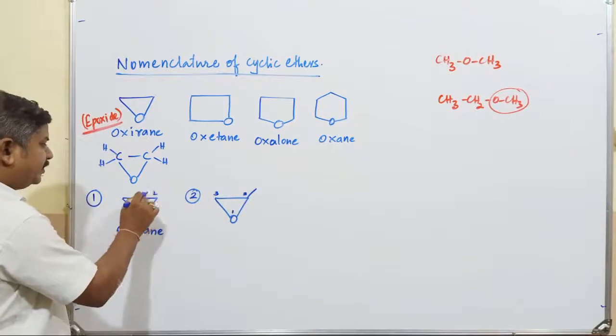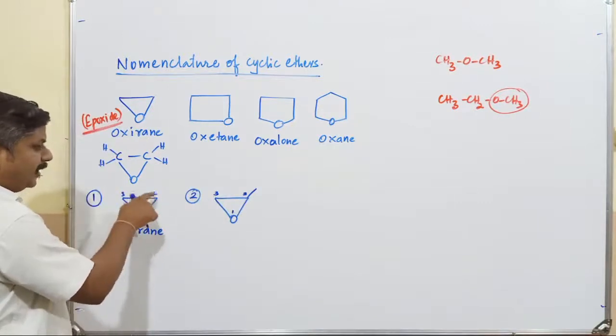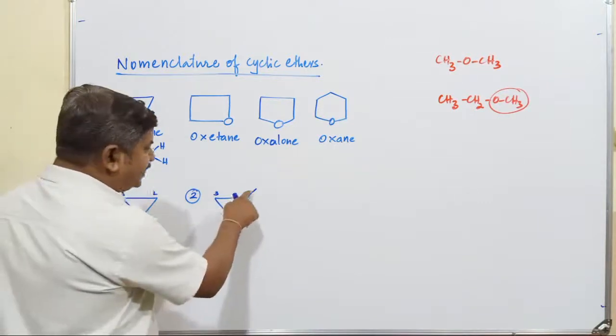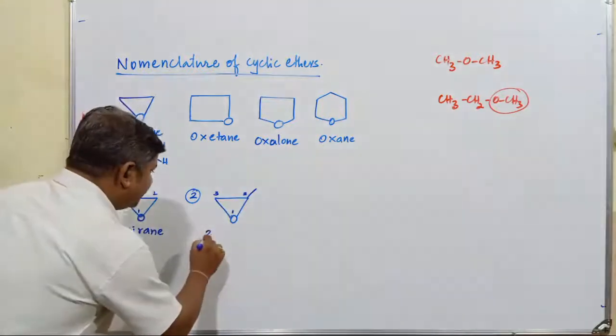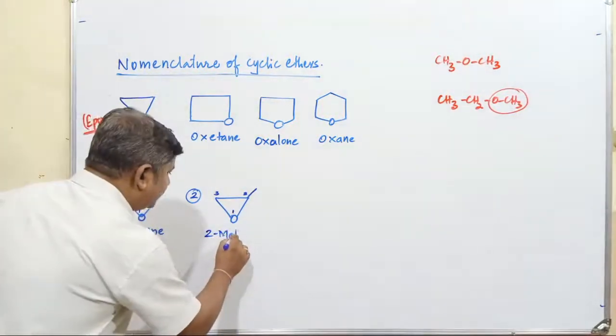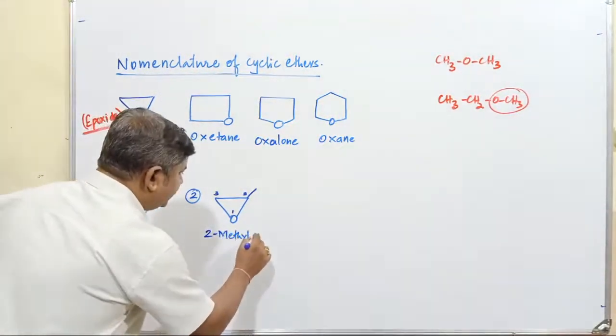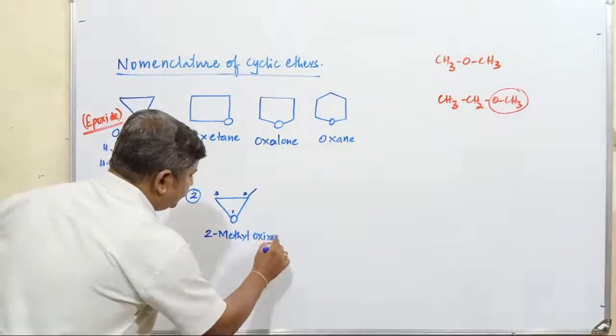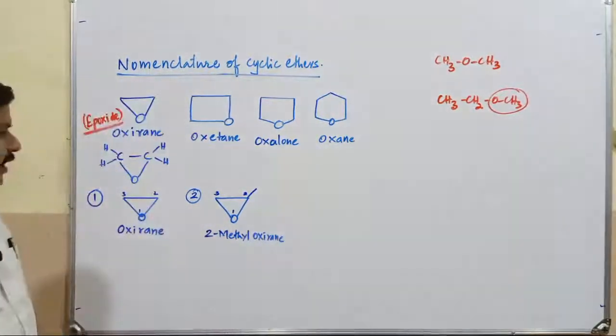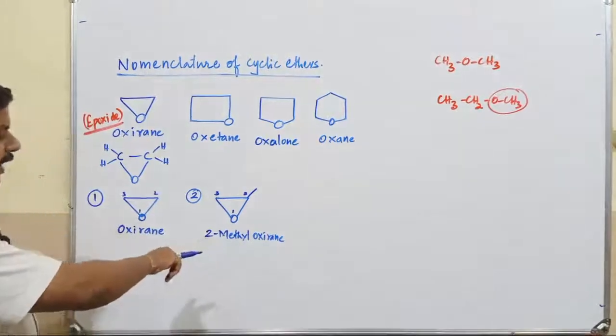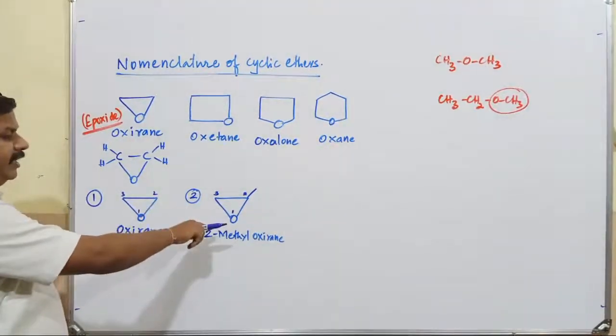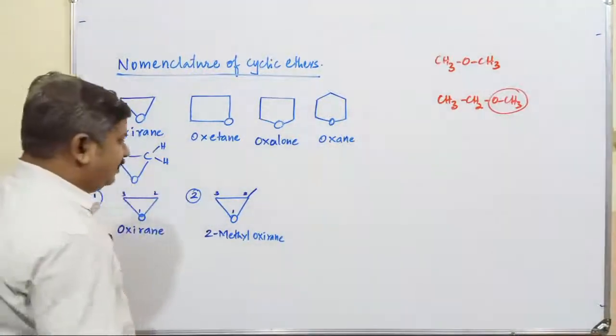Here it is 1, this is 2 and this is 3. What is there at the second carbon atom? A methyl group is present. So it is known as 2-methyloxirane. What is the name of this compound? 2-methyloxirane. I will take the same example to show how to write the nomenclature using the epoxide method.